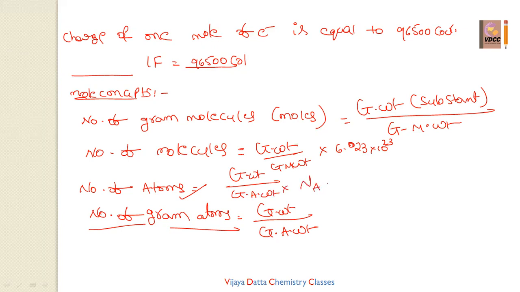So these are the formulas: number of gram molecules, number of molecules, number of atoms, and number of gram atoms. Now let us see some problems based on this mole concept.